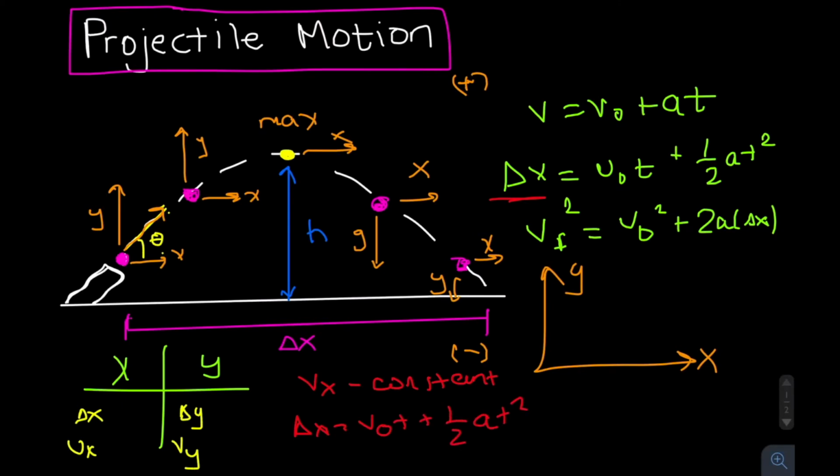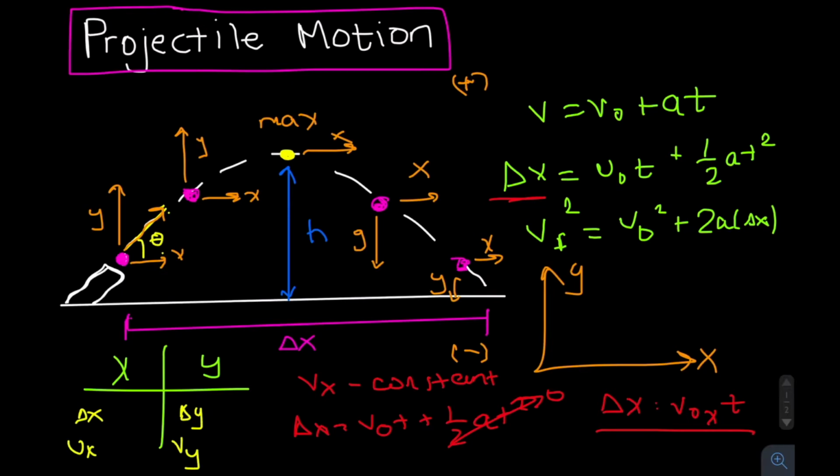We know a is 0, so that last term is 0. That means delta x is actually just the initial velocity in the x direction times the time. That's another thing we can derive just from the fact that we know what projectile motion is.